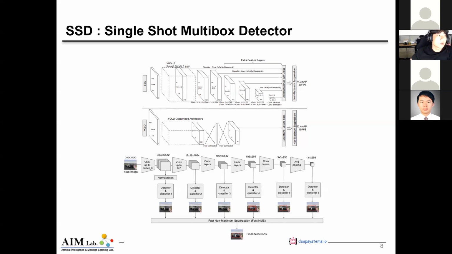To overcome that problem, they think they should also use the higher-resolution features, which have less semantic information. So they propose SSD, which uses several layers from the backbone to propose the boxes and the classification.